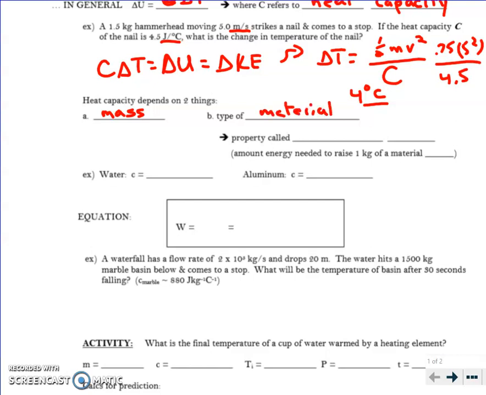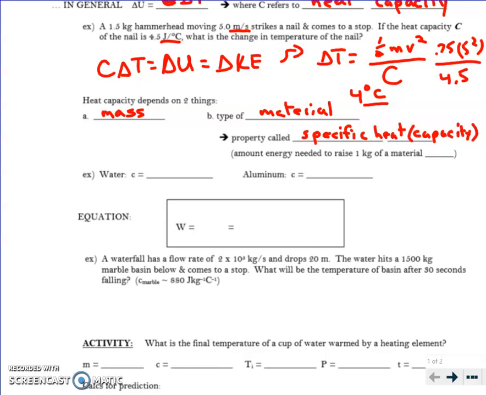And that's what we're going to focus on, and we're going to revise this equation. So when you look at the type of material, you can talk about a property specific to the material. Specific, am I spelling this wrong? Specific heat capacity. And I'm going to put the word capacity in parentheses because generally we just call it specific heat.